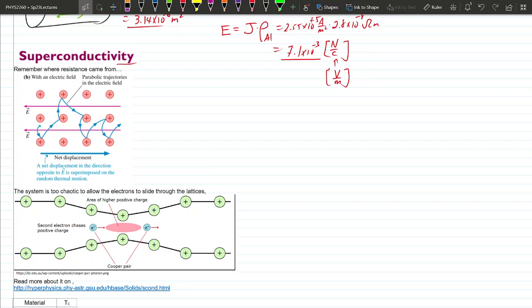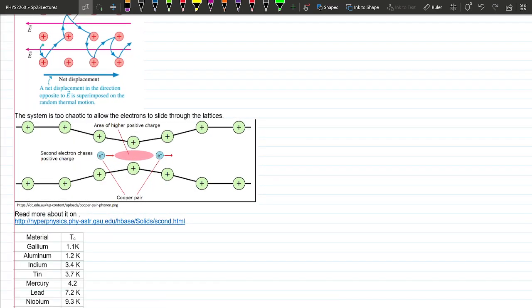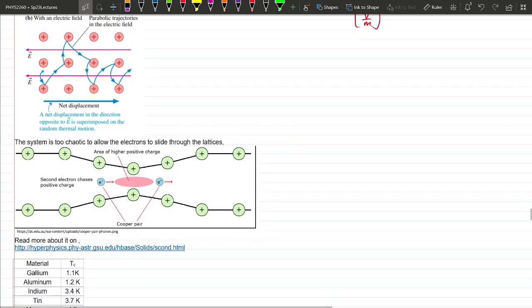This is beyond what we cover in this class. Superconductivity is actually a quantum mechanical effect, where you have to cool the material enough. This is the opposite of what you think should happen, right?